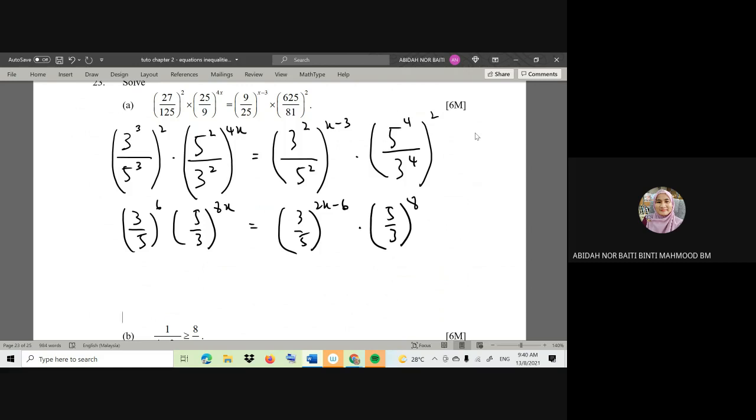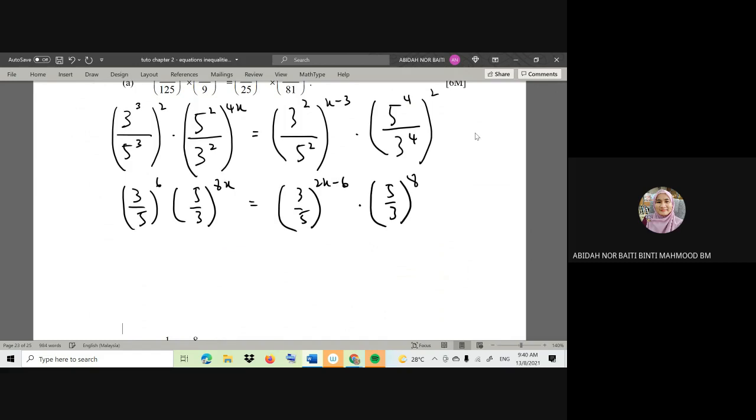Can we multiply this? Or compare? Can we compare now? Different base, we cannot.